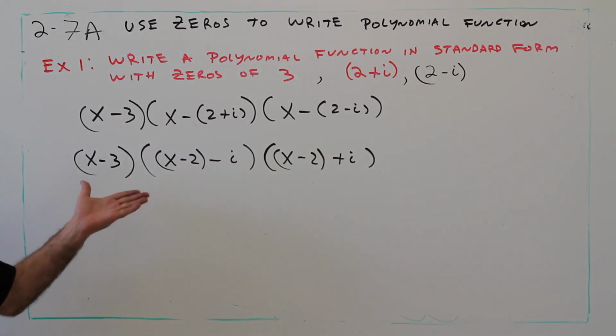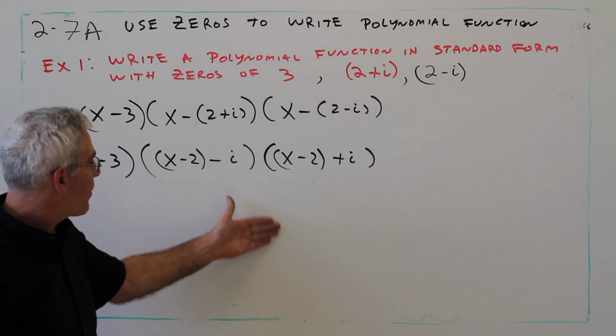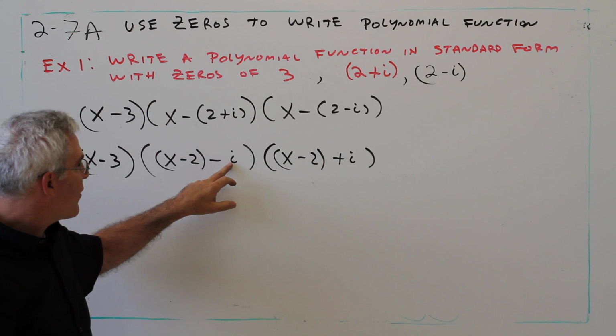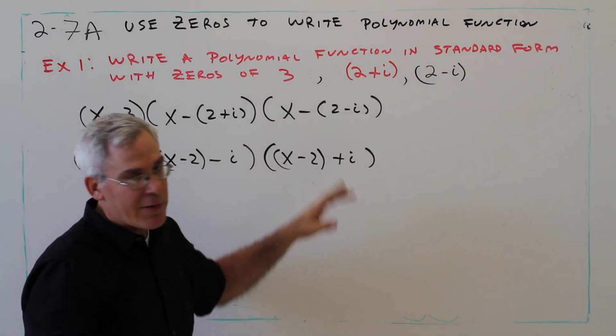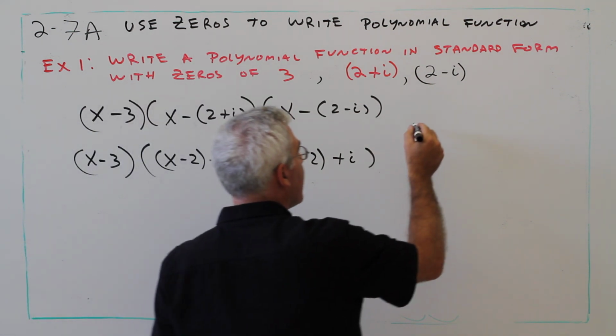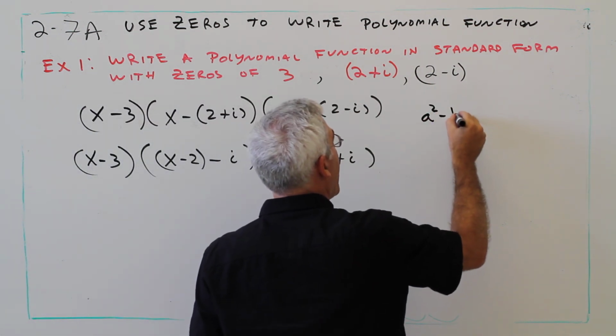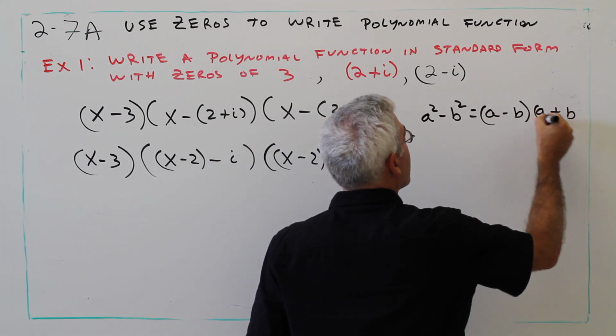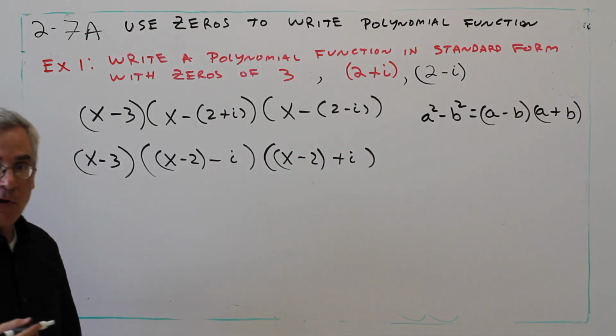The reason I do that is I now have the difference of squares. I've got something minus something times something plus something. That's going to be a squared minus b squared. Recall, a squared minus b squared equals a minus b times a plus b. So now I'm just going backwards.